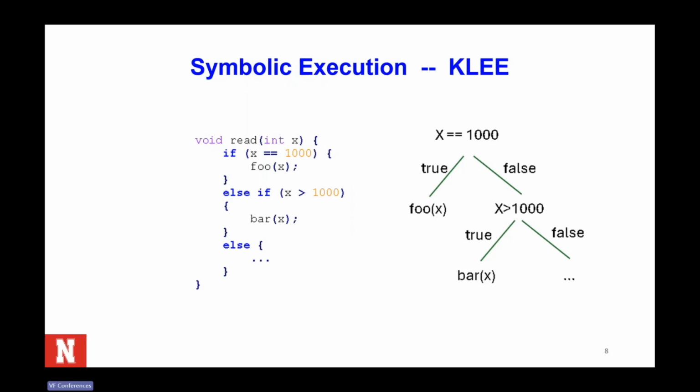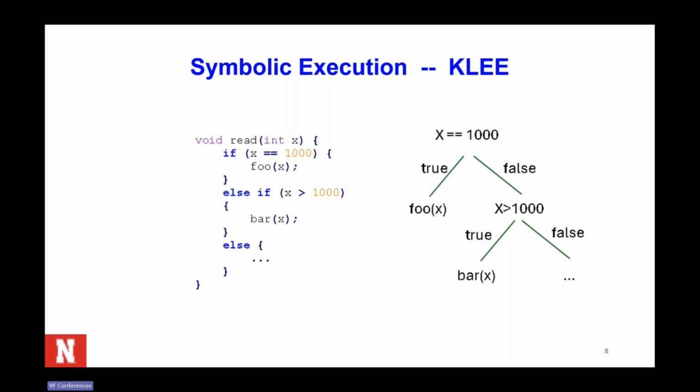When we use KLEE to analyze a function, for example, suppose read is a function and we set x as a symbolic variable. If x is a symbolic variable, we can use KLEE to analyze the read function and explore all of its execution paths. The read function includes 3 branches.